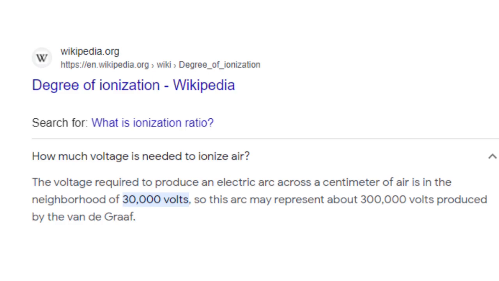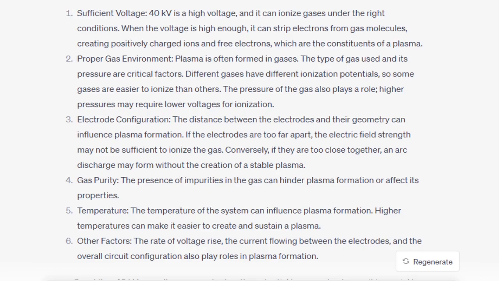When the voltage is high enough, it can strip electrons from gas molecules, creating positively charged ions and free electrons, which are the constituents of plasma.